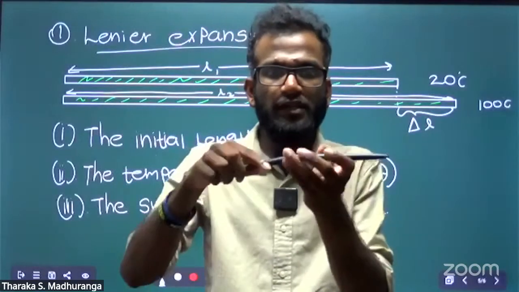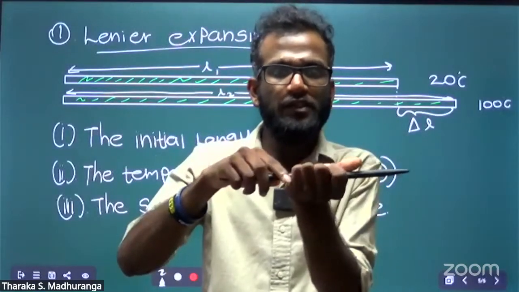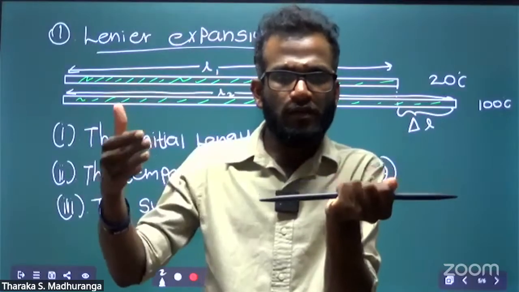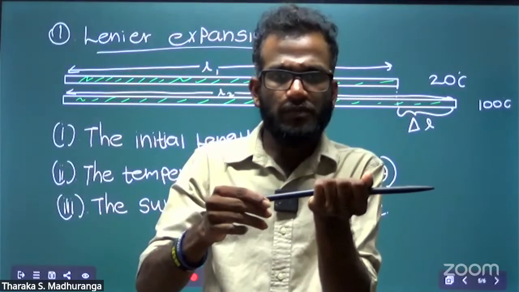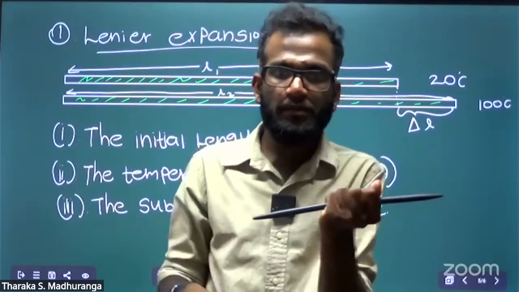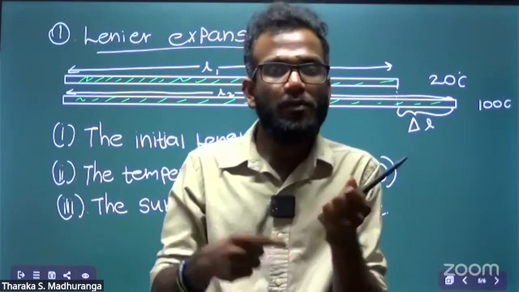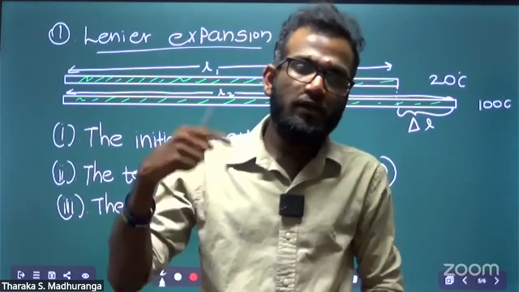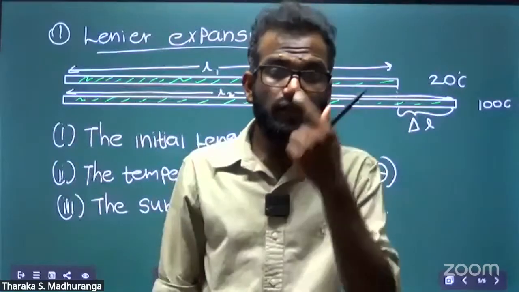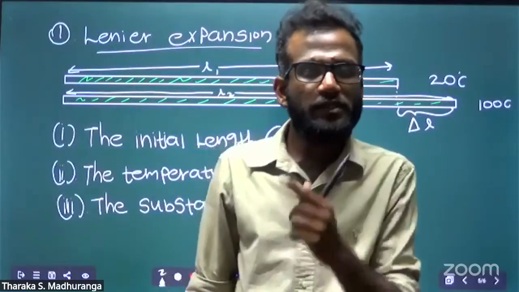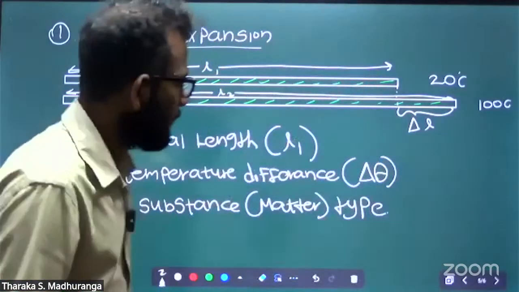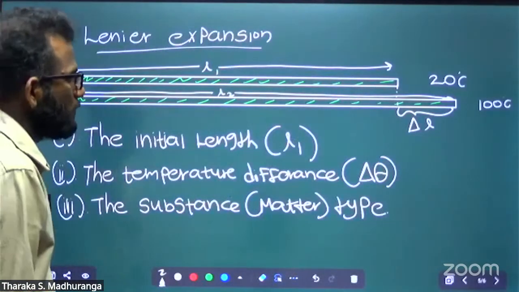Now if the length is doubled, what happened? The increasing amount increases, in the same ratio. Remember, when the initial length of the substance or object increases, the increasing amount, the thermal expansion, the linear expansion, increases.